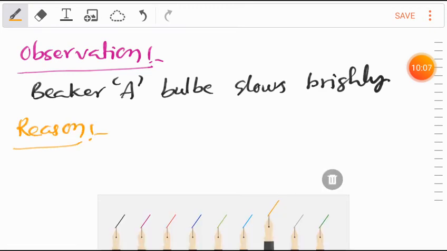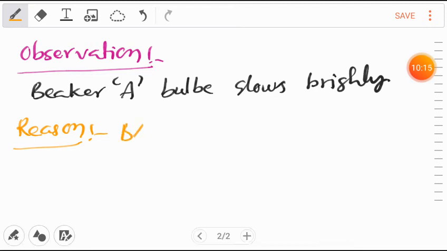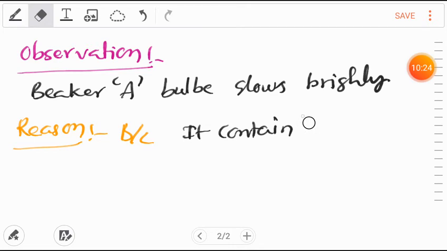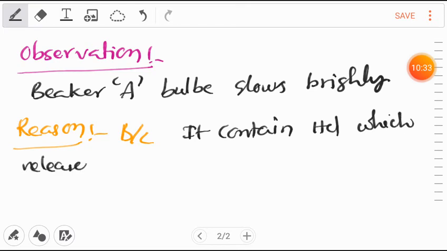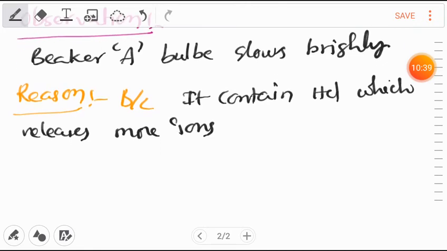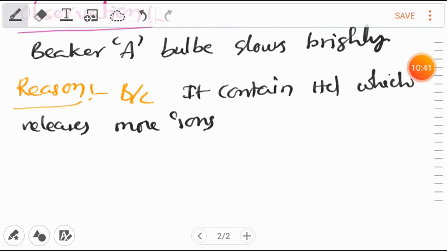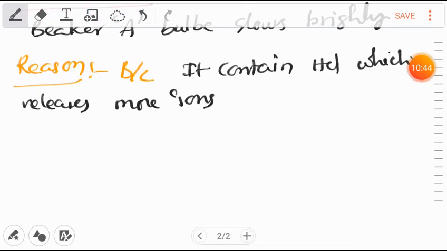Because it contains HCl, which releases more ions. That is the reason. So more ions are responsible for conductivity.